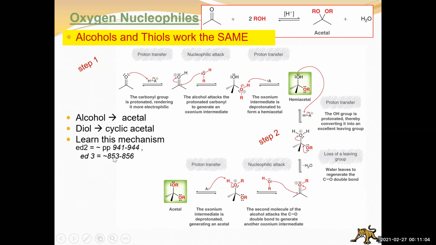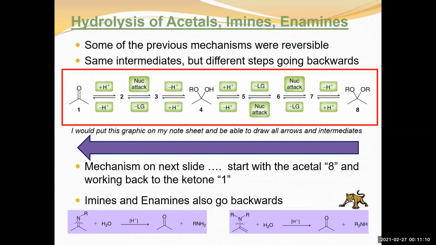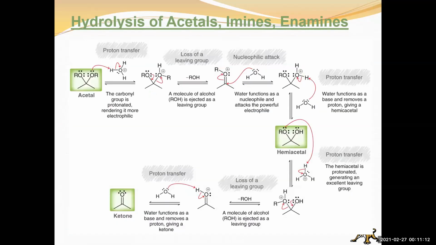Notice I put the addition 3 page numbers in here. Protonation to convert that ethoxy group into a good leaving group. Loss of a leaving group, formation of that double bond.